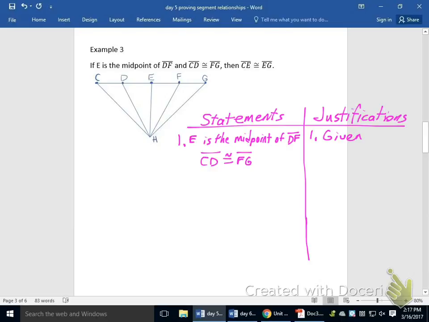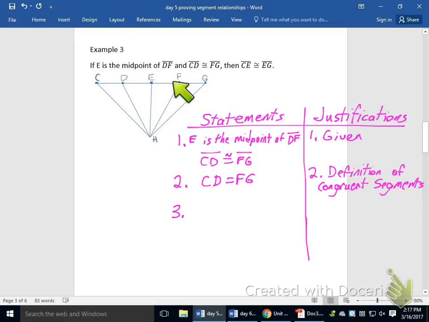I'm looking at CE and EG, and I'm probably going to use segment addition postulate. I'm going to have to do this by measures. So for my second step, I'm going to use definition of congruent segments to say that CD is equal to FG, talking about a measure. For statement 3, I would apply the fact that E is the midpoint of segment DF.